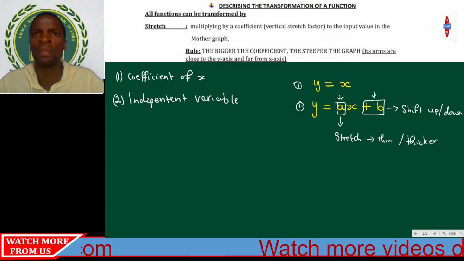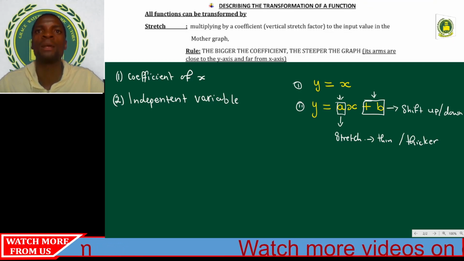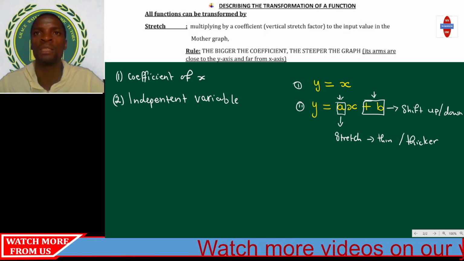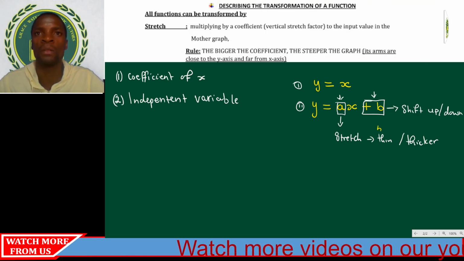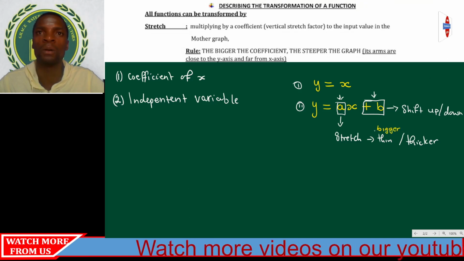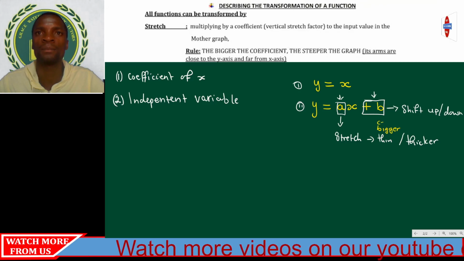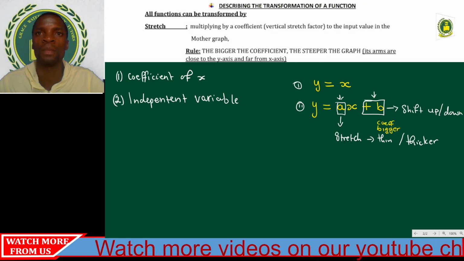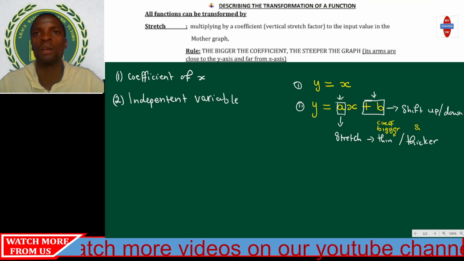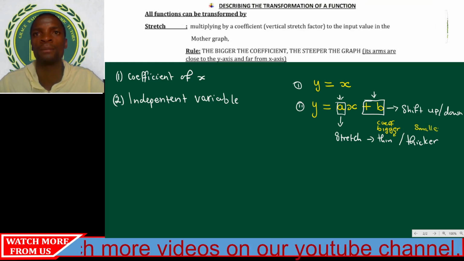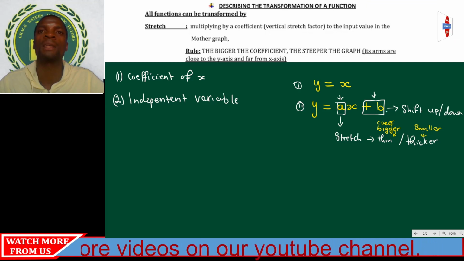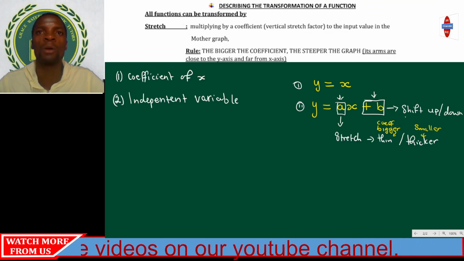So the stretch says that when the value of A gets big, the bigger the value, the thinner the graph. They tend to be a little bit opposite then. So a bigger coefficient leads to a thin graph, and a smaller coefficient leads to a thicker graph. All right, and then what about B?